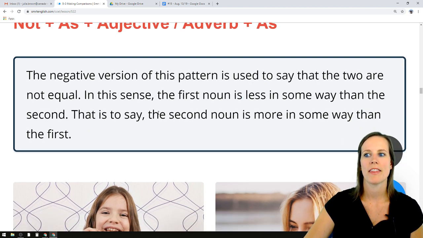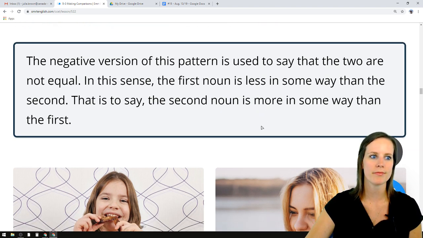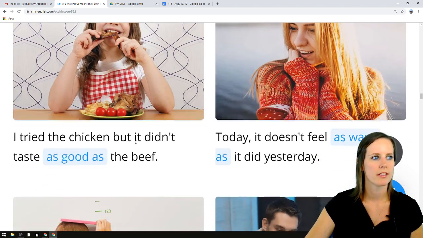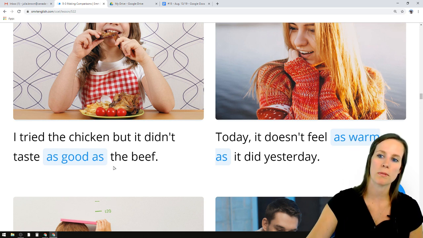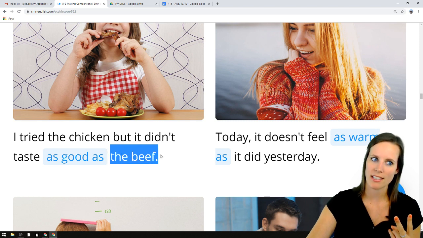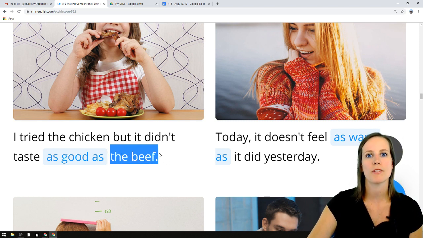That means the second noun is more in some way than the first. Let's take a look. I tried the chicken, but it didn't taste as good as the beef. Okay, so which one tasted better? The beef. Because we're putting the beef second in the sentence, it is more. So it is more delicious than the chicken.